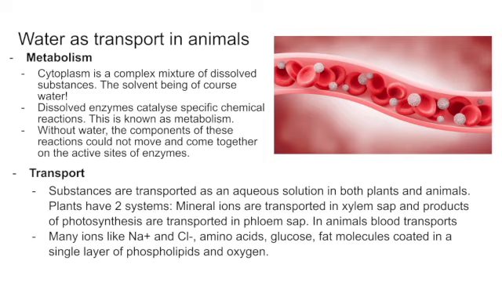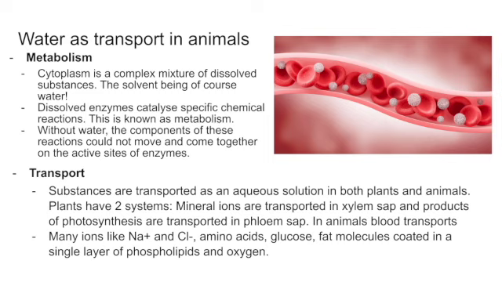Plants have two systems, which are the mineral ions that are transported in the xylem sap, and products of photosynthesis are transported in the phloem sap. But that we'll get into details in the other chapters, so don't really worry about that much.